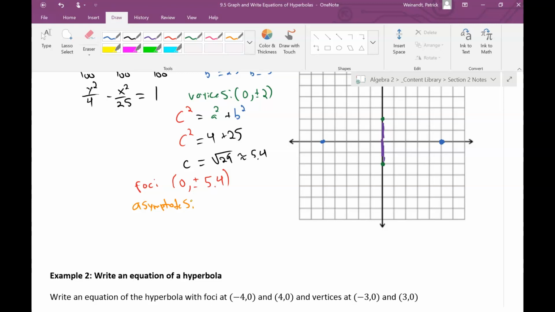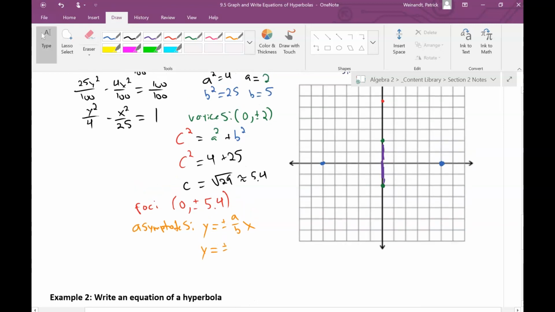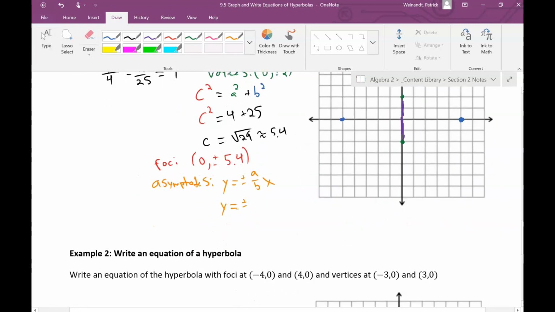You just have to remember that if we have a vertical transverse axis, our asymptote is going to be given by a linear equation, y equals plus or minus a over b times x, which means y equals plus or minus, our a value is 2, our b value is 5. That's just going to be 2/5 x, which we can't simplify anymore.